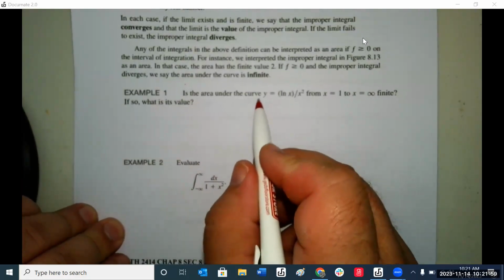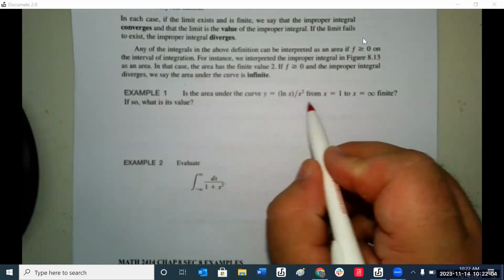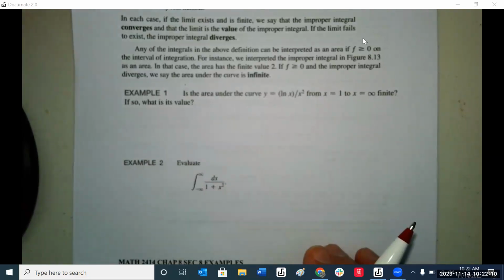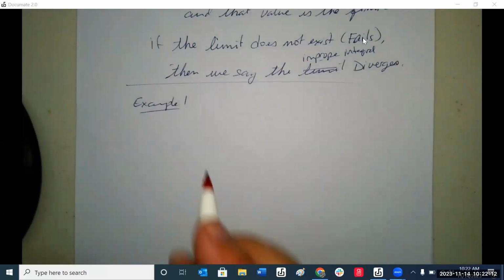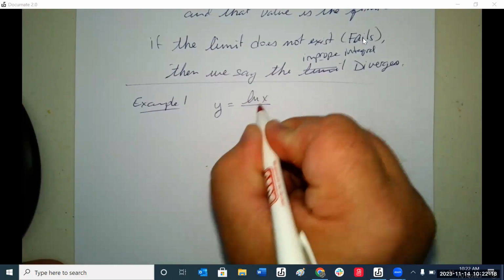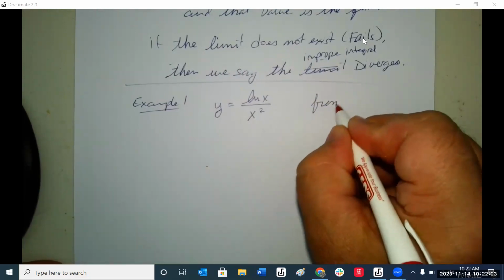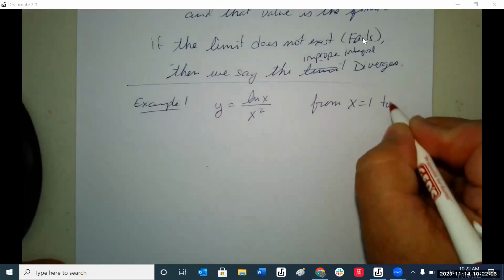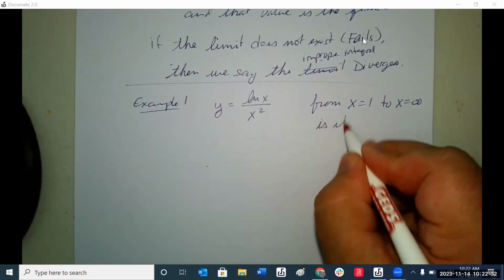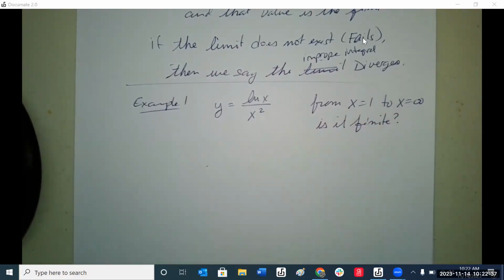Is the area under the curve y equals ln x over x squared from 1 to infinity finite? If so, what's the value? From x equals 1 to x equals infinity. Is it finite? In other words, does it converge?